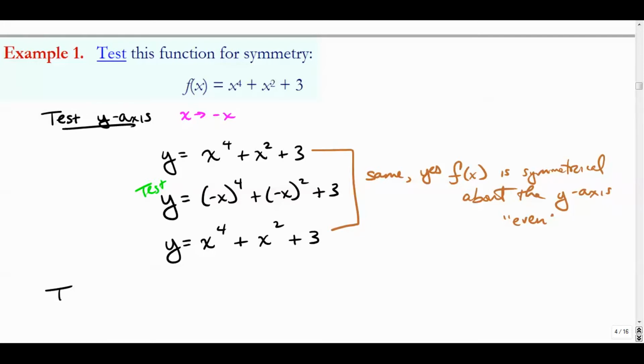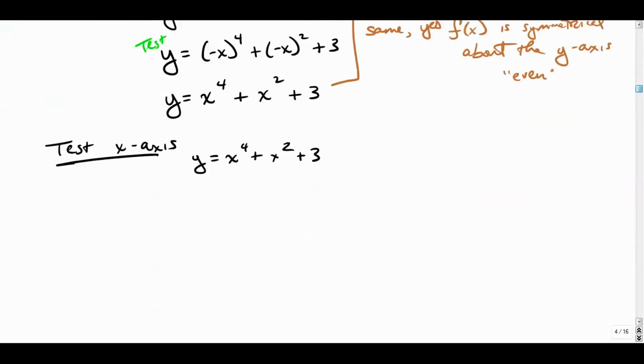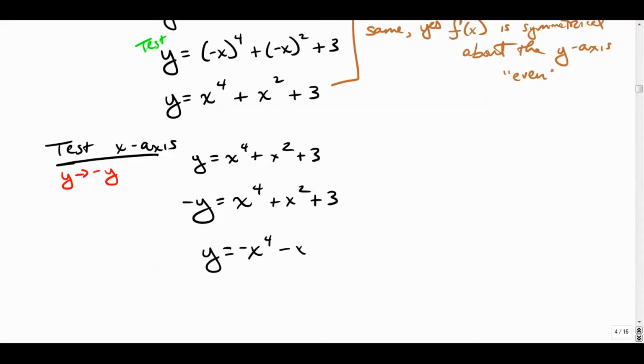Let's test, just to show you how it fails, the x-axis symmetry as well and the origin symmetry. So I'm going to write my original down again. And to test x-axis symmetry, I'm going to replace my y's with negative y's. So negative y is equal to x to the fourth plus x squared plus x to the third. Solve it for y. That changes everything over here to negative.